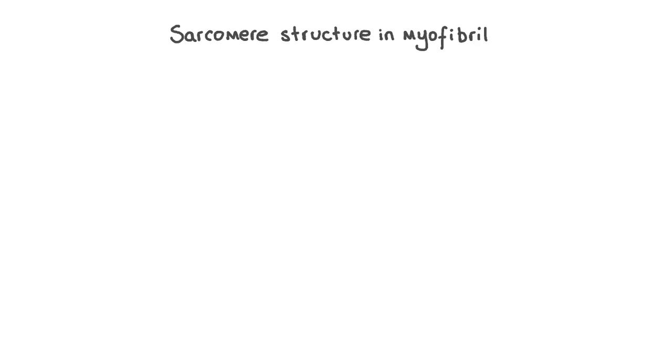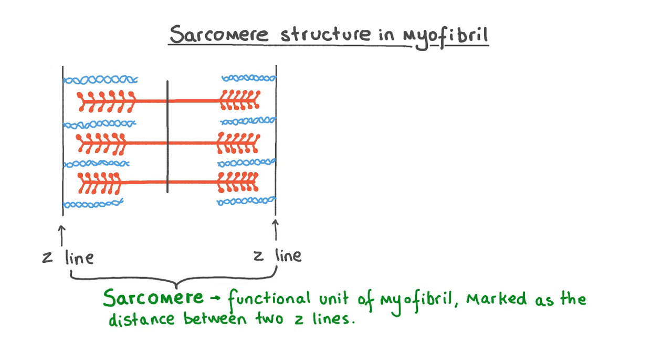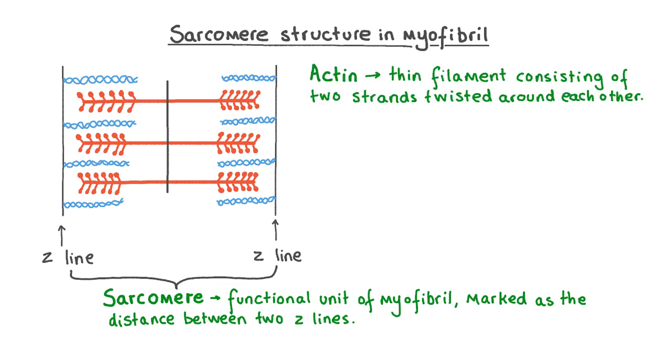To understand this, let's take a quick look at the basic structure of the repeating units of myofibrils, which are called sarcomeres. The sarcomere is the functional unit of a myofibril, and it's marked as the distance between two Z lines, as you can see in this diagram. Each sarcomere contains thin filaments called actin, which are shown in this diagram in blue, and consist of two strands twisted around each other.